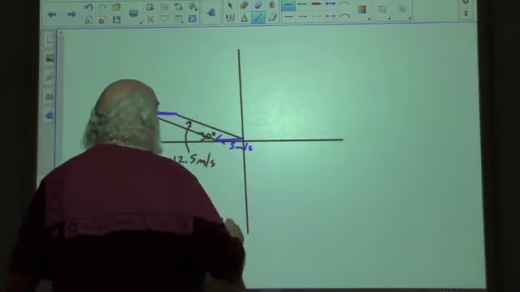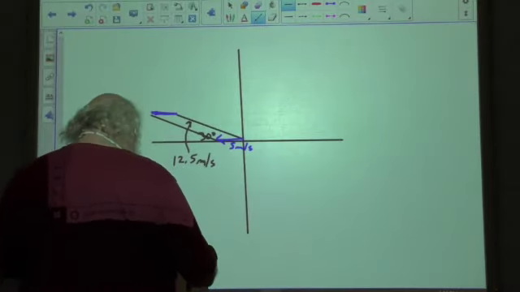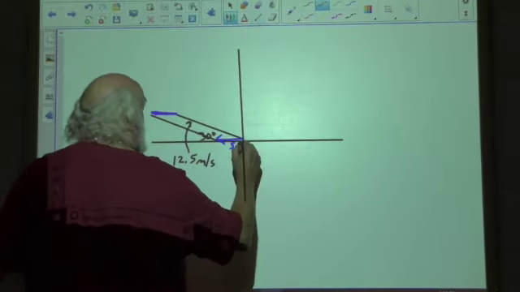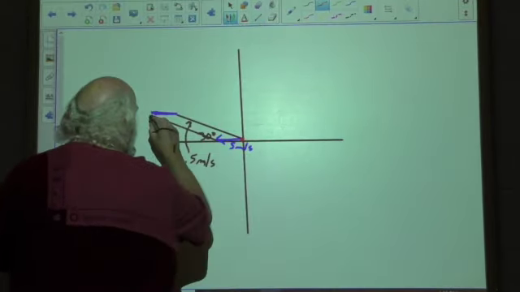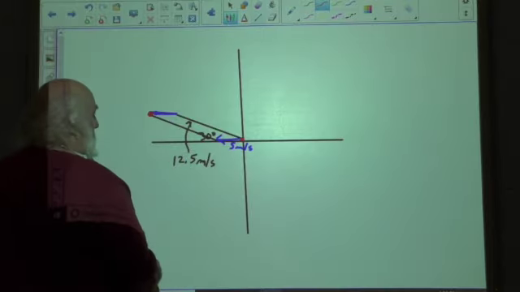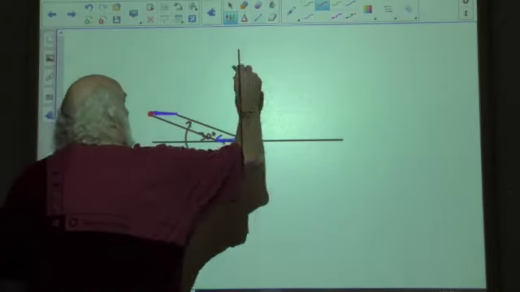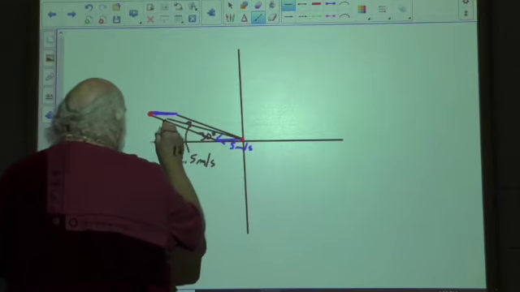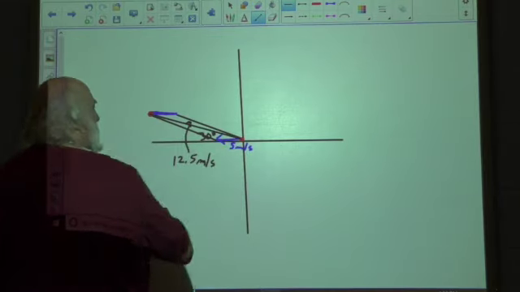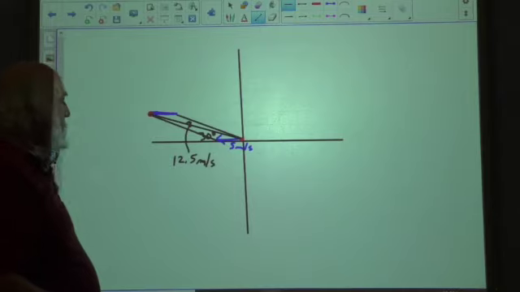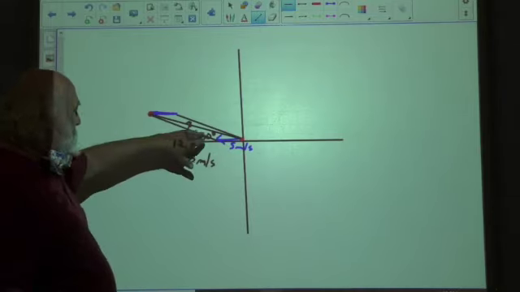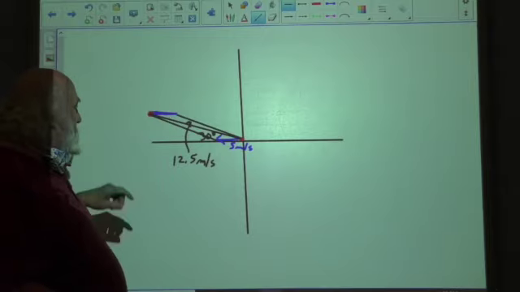And so the resultant has to start from here and end up over here. So when you draw that line, it will look something to that effect right there. Now you can see that we have two triangles. We have this bottom triangle here, and we have this top triangle here.